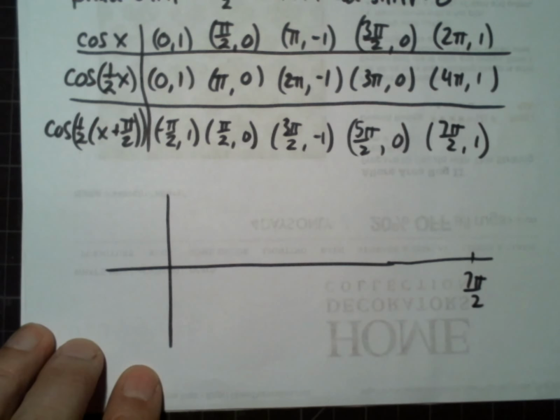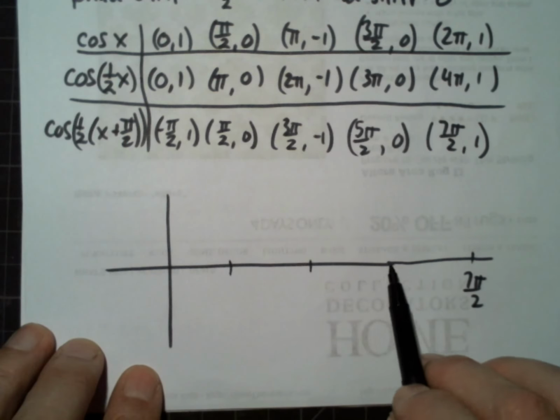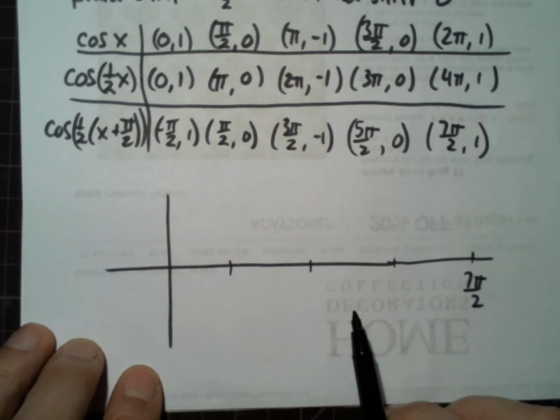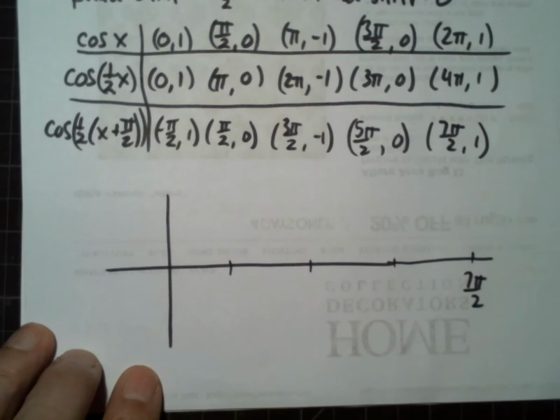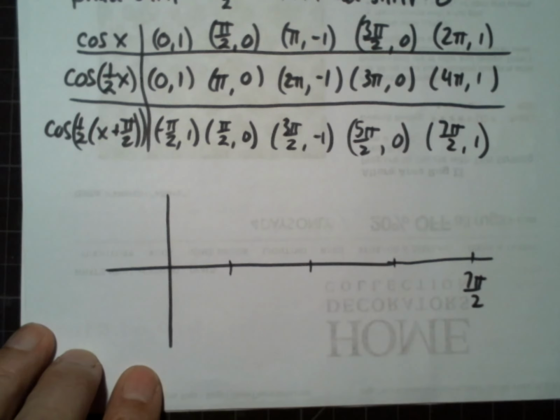Seven pi over 2, and for the transformation we need to have these points.